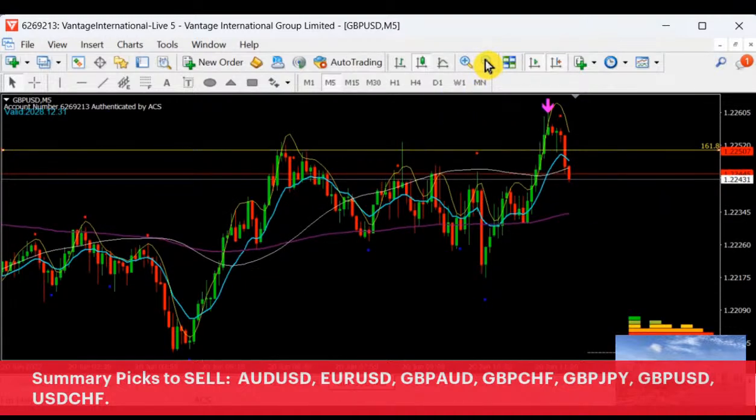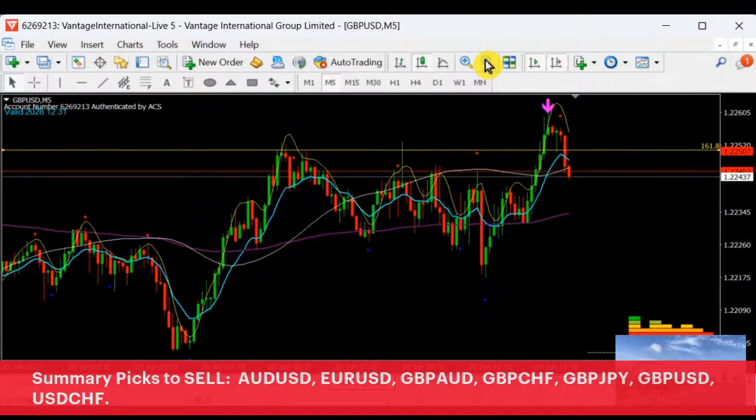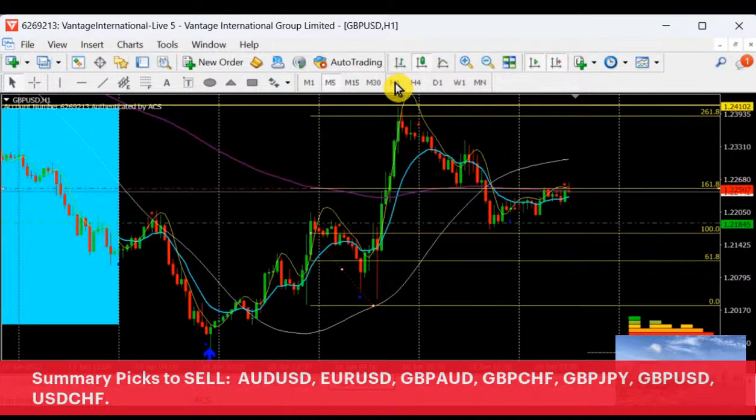I think it is also quite close. So over at this part here, there's one good chance that we can take a selling trade.